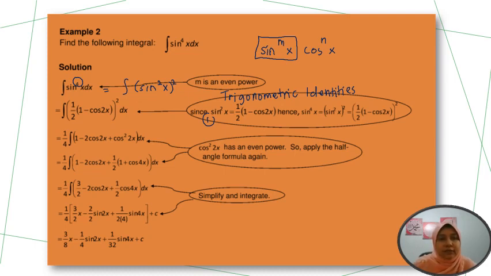Then we have to expand this power of 2. So we have this function 1 over 4 times 1 minus 2 cos 2x plus cos square 2x.